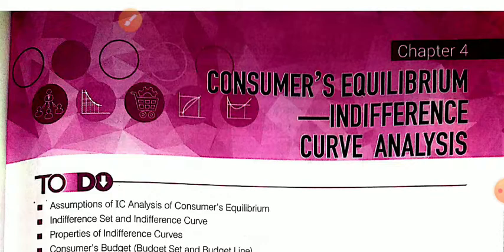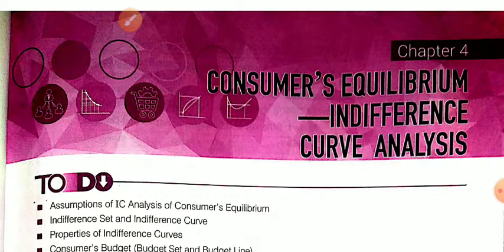Dear student, you are all familiar that indifference curve analysis was given by Professor Hicks and Allen. Initially this theory was propounded by Pareto, but later it was further developed by two great economists, Professor Hicks and Allen.